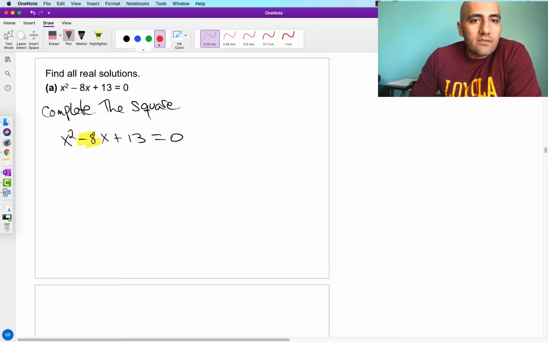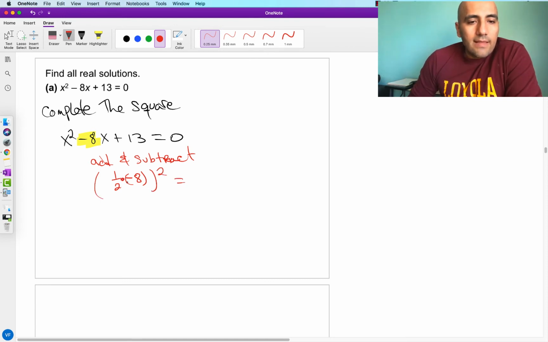We add and subtract the perfect thing, which is going to be -8. We multiply it times a half to half it, and then square it. That's going to be -4 squared, which gives you +16. +16 is going to be that perfect number that we add and subtract.